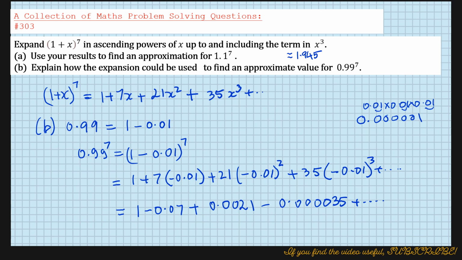So we have to approximate it. We don't go beyond that. So we are left with 0.932065. So that is the approximate value of 0.99 to the power 7, and that's the answer.